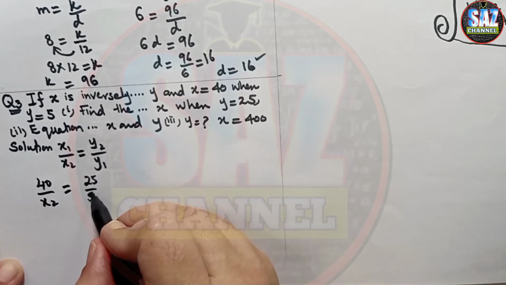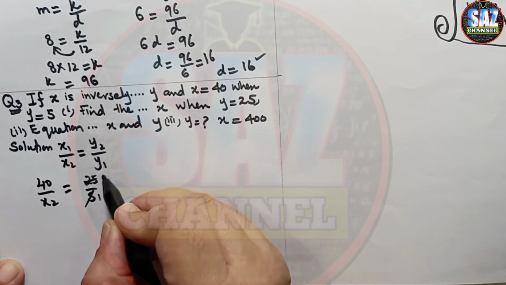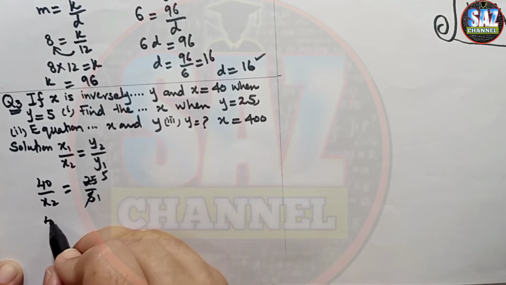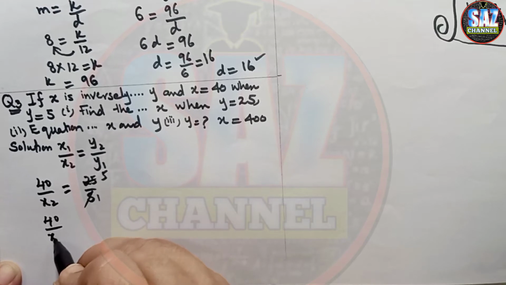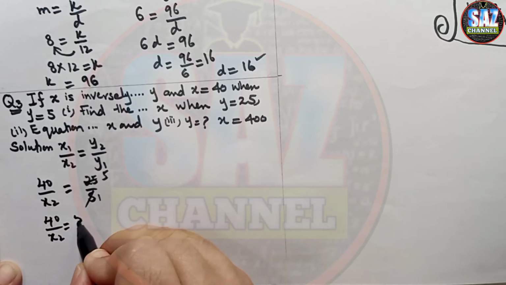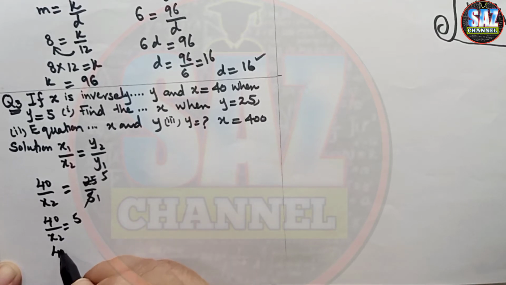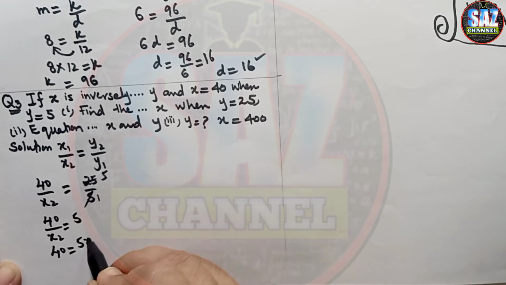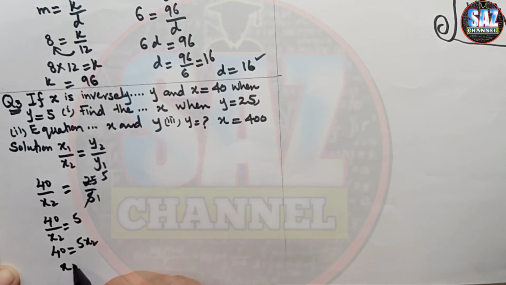Now 5 and 25 can be simplified, 5 ones are 5 and 5 fives are 25, and I will be left with 40 upon x2 equals 5, or 40 equals 5x2. Shift 5 to the other side, and x2 will become 40 divided by 5, which is equal to 8. So this is the value of x for which we were solving this question.